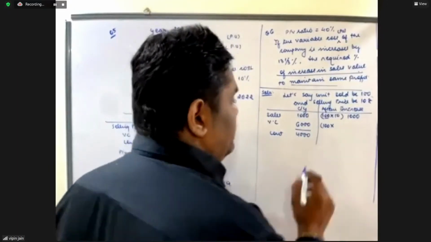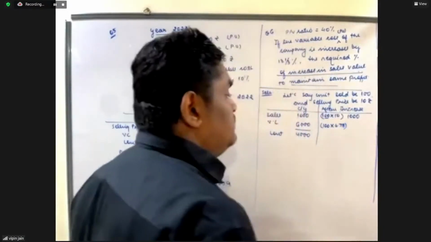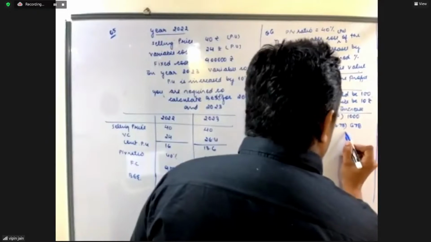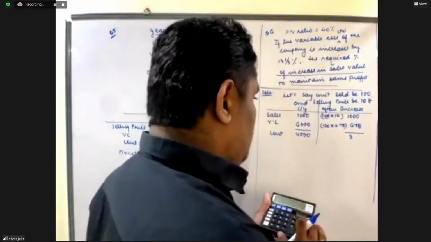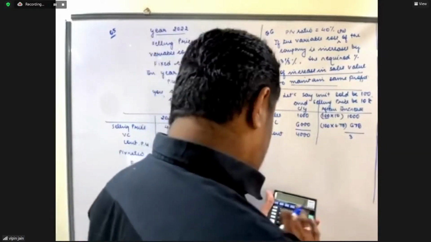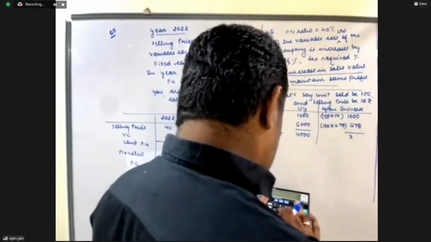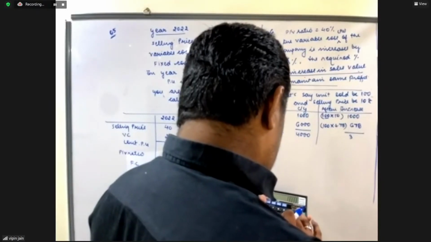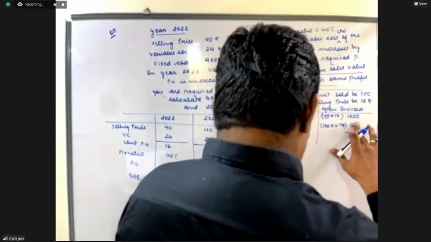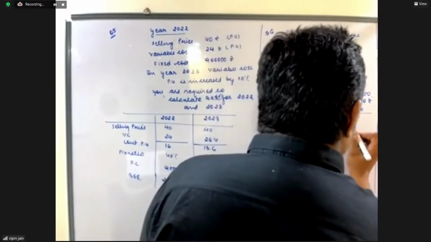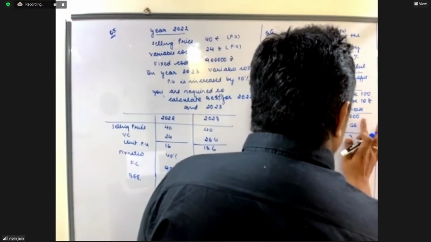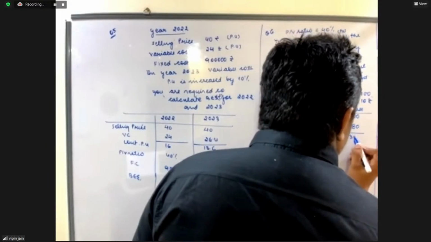This will be 6.8, so the variable cost will be 680, and the contribution will be 320.